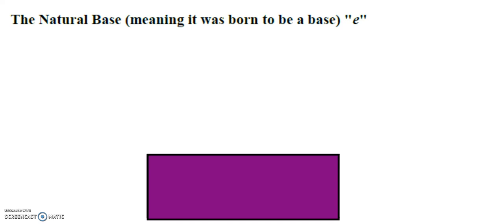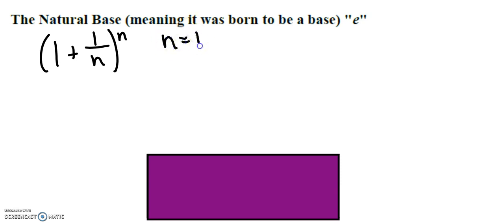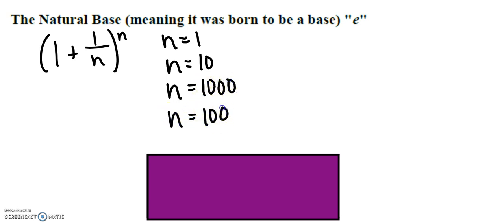So our number e starts with 1 plus 1 over n to the nth power. I want you to take a minute and with your calculator evaluate this when n is 1, when n is 10, when n is 1,000, and when n is 10,000.